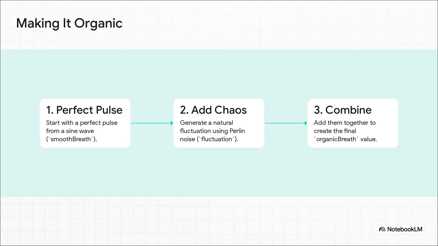So here's the recipe. It's really 3 simple steps. First, the code establishes that perfect rhythmic pulse using the smooth breath variable. Then it generates a small natural fluctuation using that Perlin noise. And finally, it just adds them together. The result is the organic breath value, a beautifully imperfect, natural-feeling rhythm.